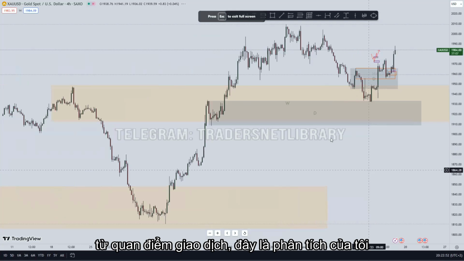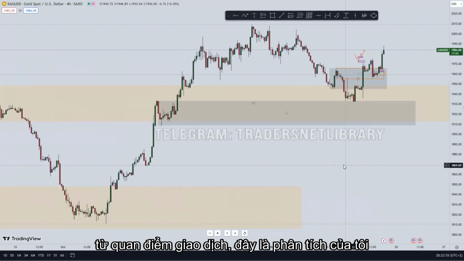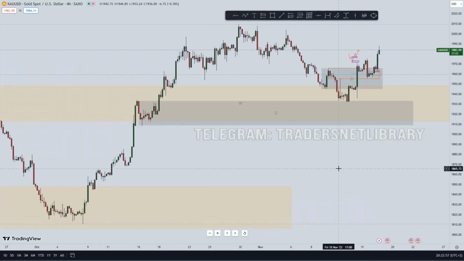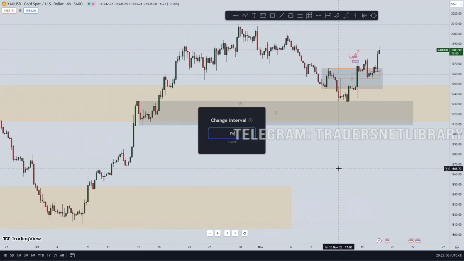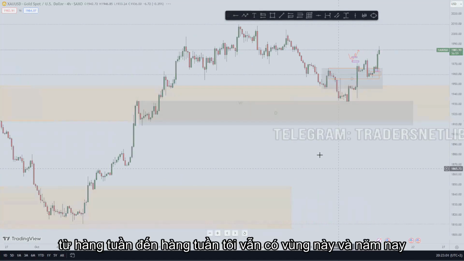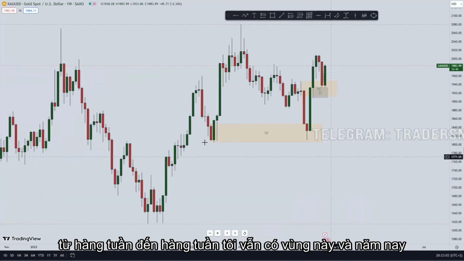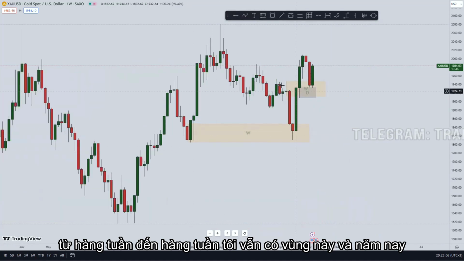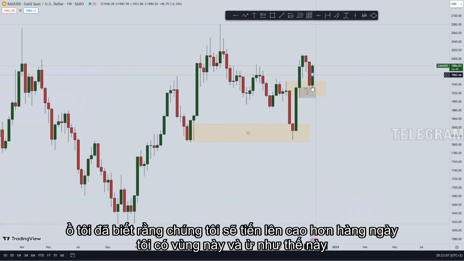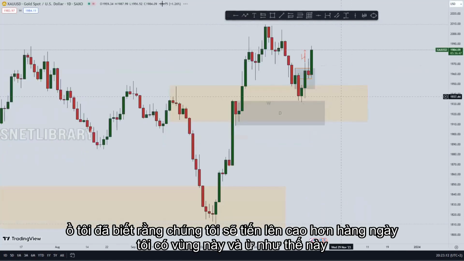So yeah, I was talking about this. TradingView, this was my analysis. From weekly, I still have this zone and this EF. So I already knew that we would go higher.